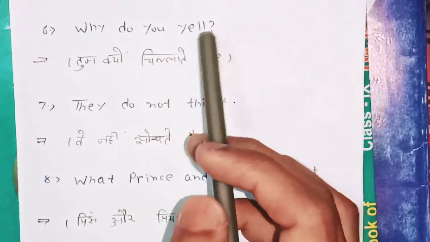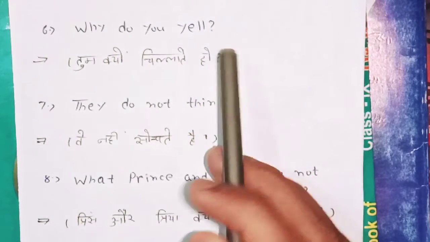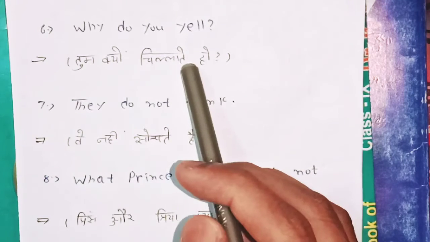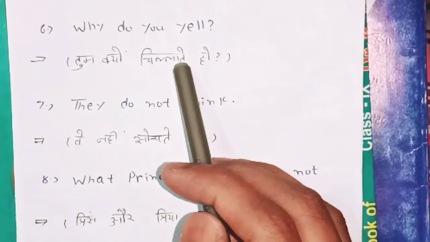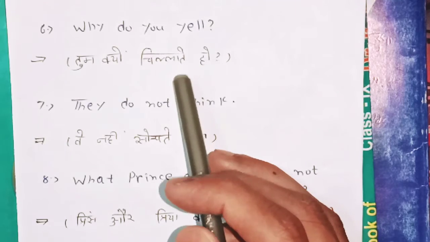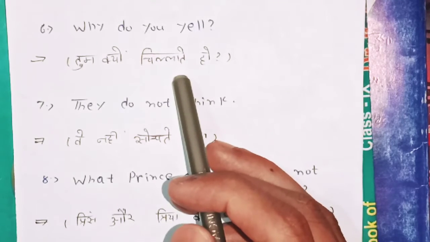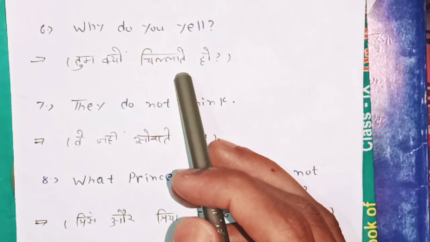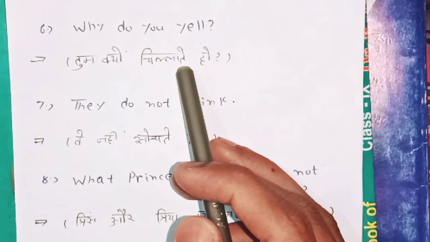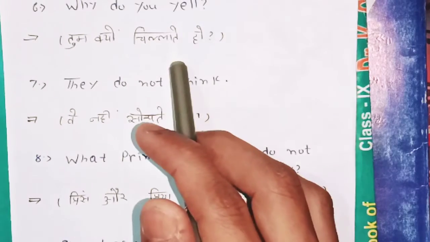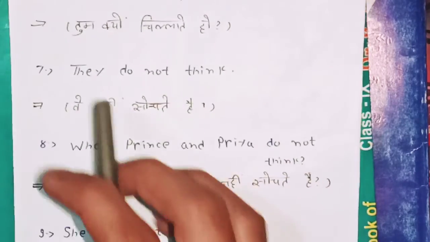Why do you yell, तुम क्यों चिल्लाते हो. Please notice that these sentences are present indefinite, because we also see the identification, which is ta, te, ti.